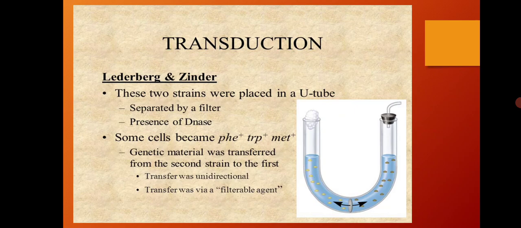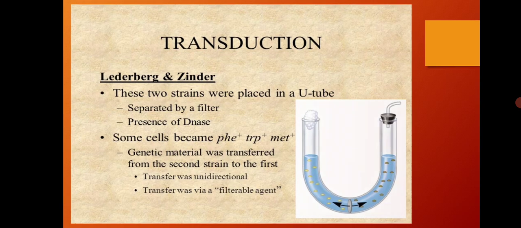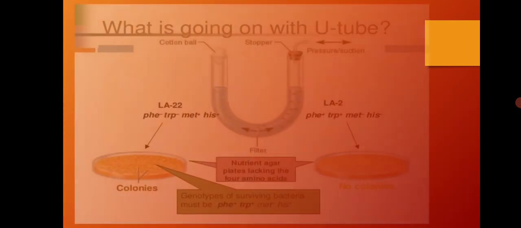Third, it was able to pass the liquid fluid, and it was unable to pass the bacteria. What could it pass? It could pass any genetic material, any virus and liquid content. And what could it not pass? It was unable to pass the bacterial strain.